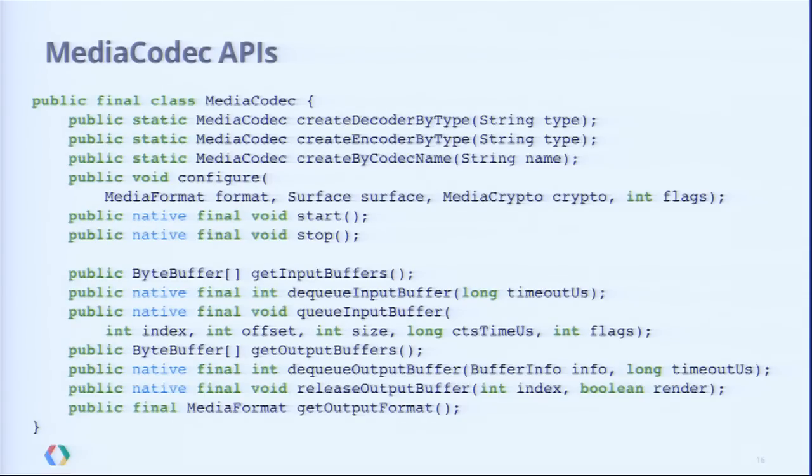The last argument, flags, basically indicates to the API whether this is an encoder or decoder instance. You need that because if the instance is created by the third create method, by codec name, you are not able to tell whether this is for encoding or decoding. So that's why you need a flag to tell whether this configuration is for decoding purposes or for encoding purposes.